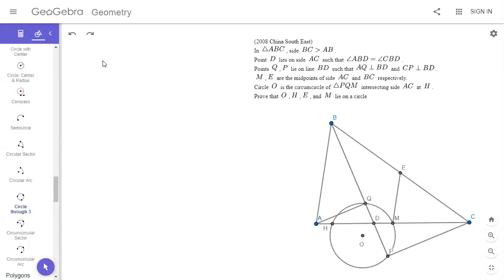Okay, I'm going to go back to my ratio strategy. BD. Let's see. BP over A.